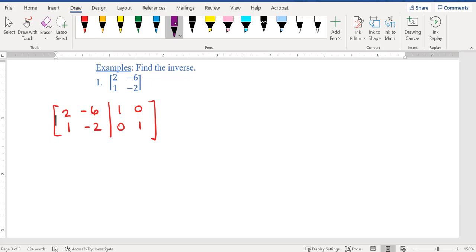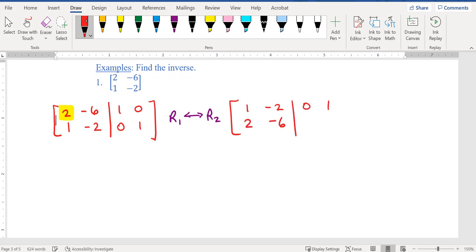First I need a 1 up here, so I swap row 1 and row 2, and I get 1, -2, 0, 1, and 2, -6, 1, 0. Next I need a 0 here, so I add -2 times row 1 to row 2 and make it my new row 2.